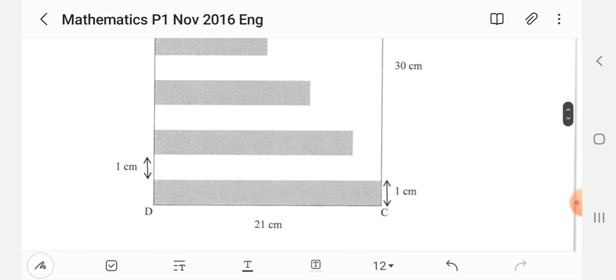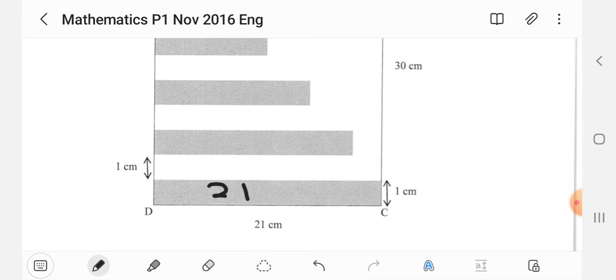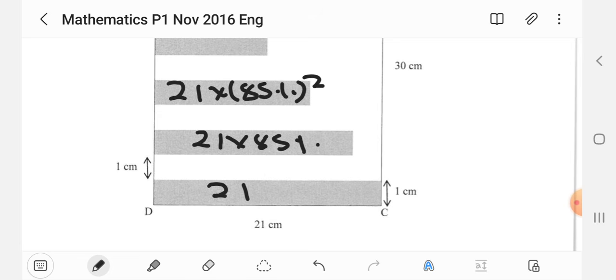So this rectangle is 21 centimeters. This one is 85% of 21 centimeters. This one is 21 multiplied by 85% squared. So we are multiplying the previous ones, just like that.